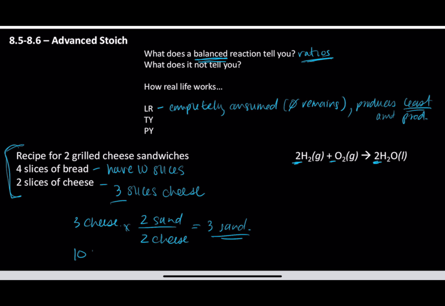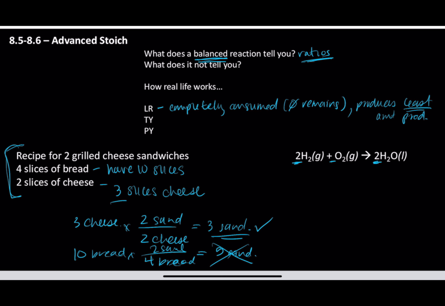If I have 10 bread, for every 4 bread, I can have 2 sandwiches, so I could make up to 5 sandwiches. Now, 5 sandwiches is not real. I cannot make 5 sandwiches. That's not possible. I can make 3 sandwiches, and I would have 0 cheese remaining.